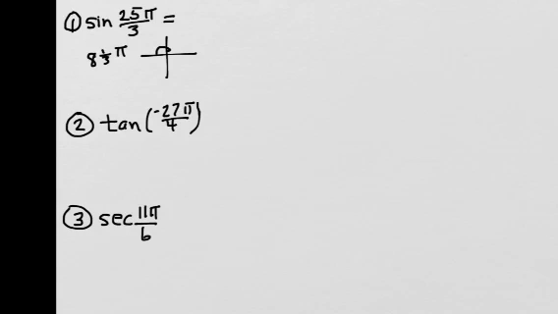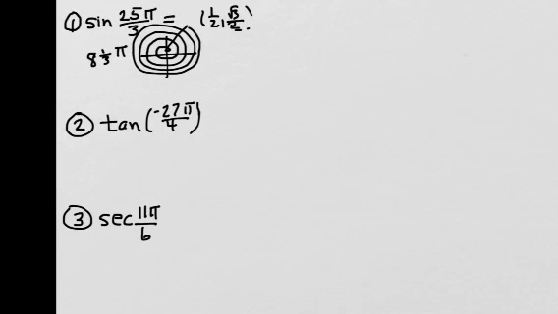So that's 1 pi, 2 pi, 3 pi, 4 pi, 5 pi, 6 pi, 7 pi, 8 pi, and 1/3 pi. So 1/3 pi, you land about right here. So the ordered pair that corresponds to pi over 3, or 1/3 pi, is 1/2, radical 3 over 2.